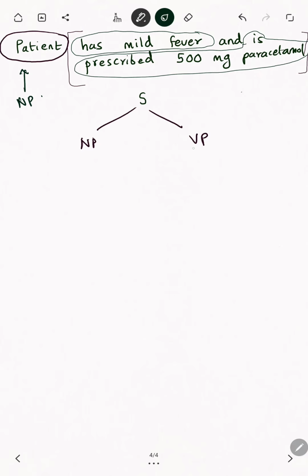So we can say that the verb phrase itself again consists of two verb phrases, let's say VP1 and VP2. Now both of these are connected by and. So when you are drawing this tree, you have to remember that the penultimate node, the node just above the leaf, will be a proper part of speech.